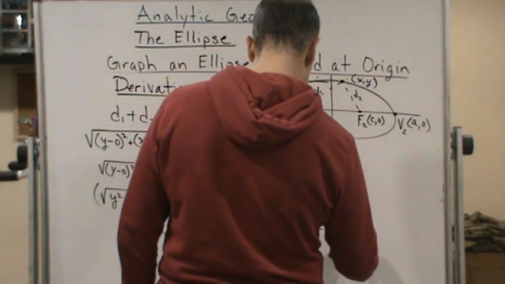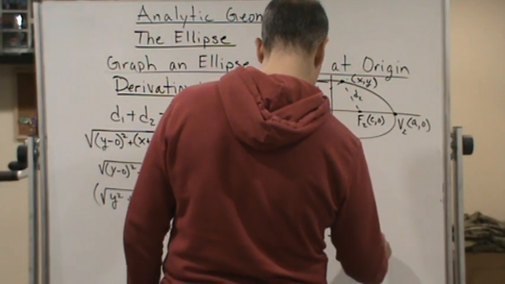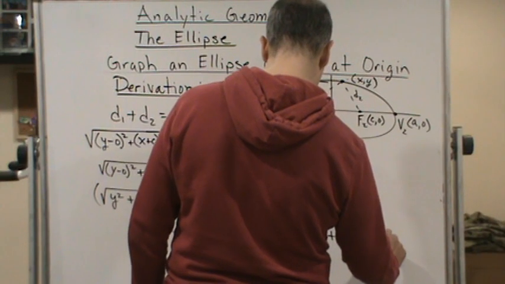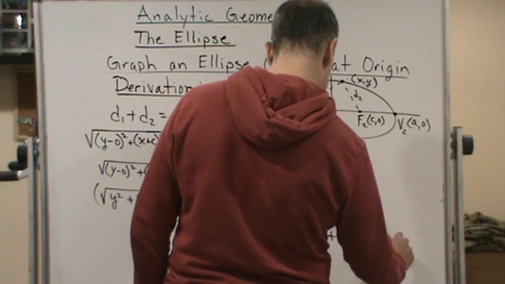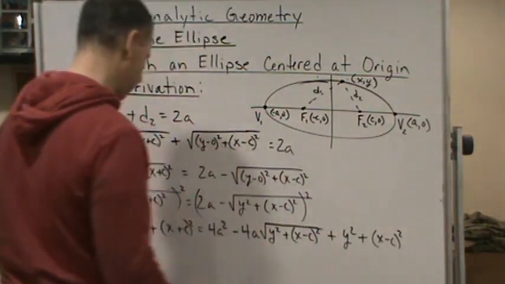So this is going to be plus y squared plus the quantity x minus c squared.